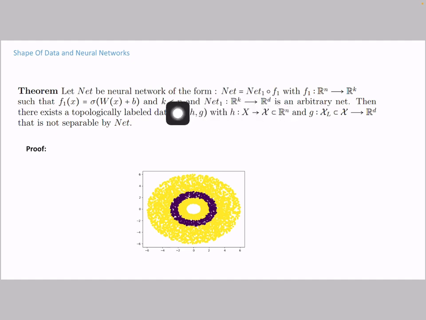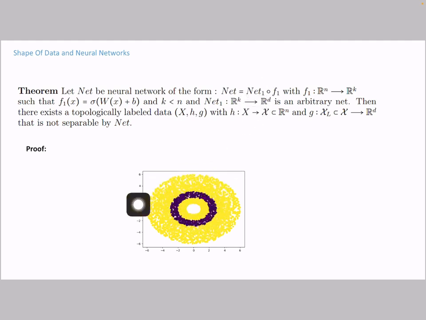I'll be only restricting the first function. Then what this theorem claims is that there exists topologically labeled data with the appropriate dimensions, whose ambient space is the input space, that is not separable by this neural network.